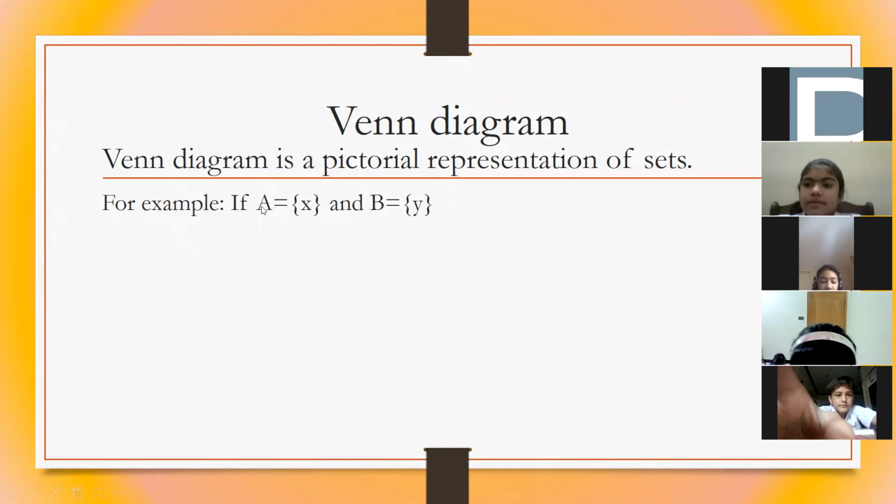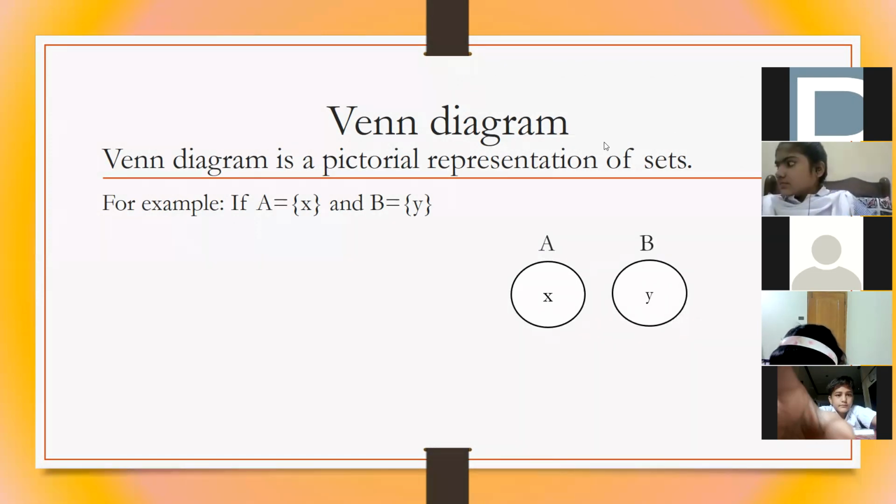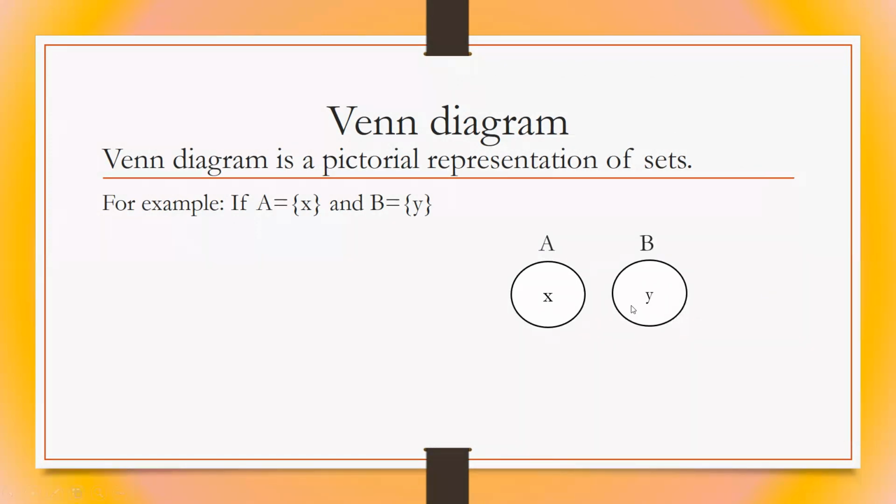So there are 2 sets A and B, so there must be 2 circles. For A we have circle 1 and the second circle is for B, containing its elements. So we can say that it's a pictorial representation of sets.